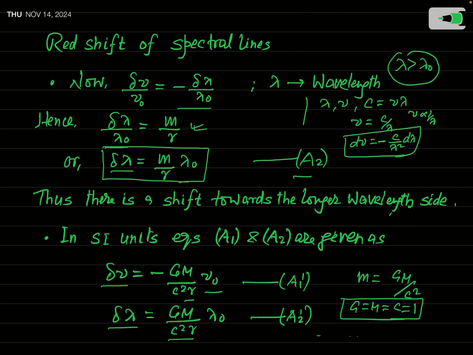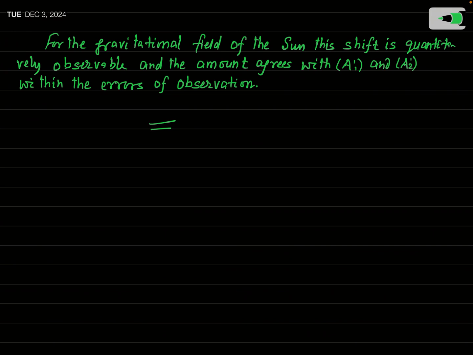So these are the results predicted by Einstein's theory for the shift in frequency or shift in wavelength of the light emitted by a vibrating atom in a gravitational field. Now it is seen in experiment that the values predicted by this theory, defined in equations A1 dash and A2 dash, agree within the observational experimental error with these results.